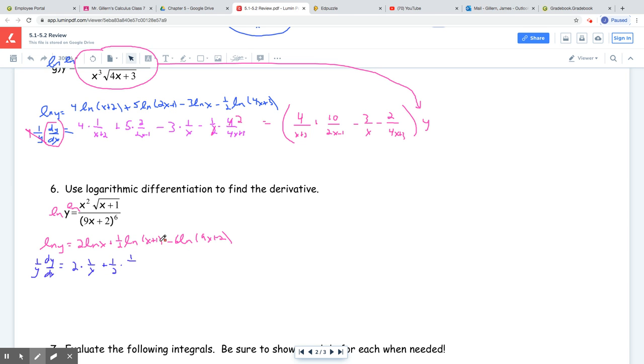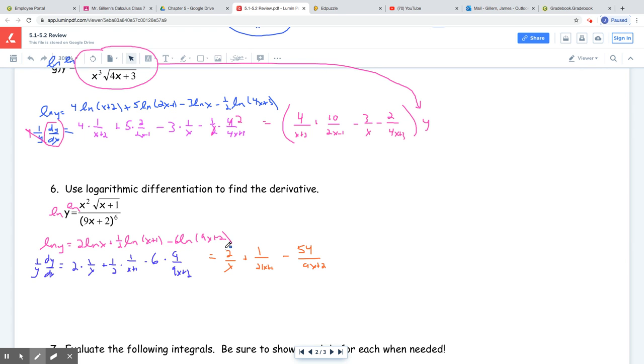The derivative of x plus 1 is 1 over the inside, which is x plus 1, minus 6 times 9 over 9x plus 2, which equals, I'm just going to simplify all of this, 2 over x, plus 1/2, 1 over x plus 1, minus 6 times 9 is 54 over 9x plus 2.